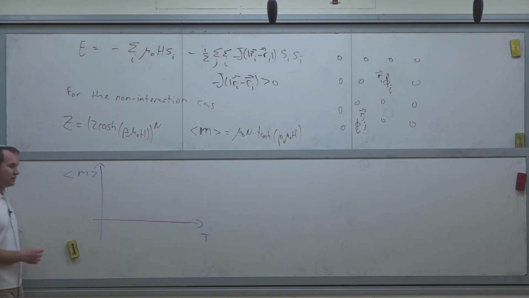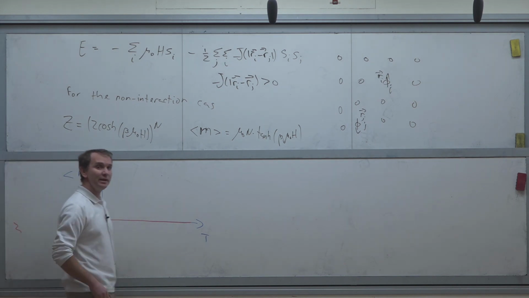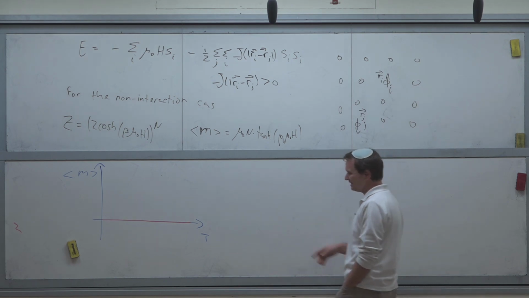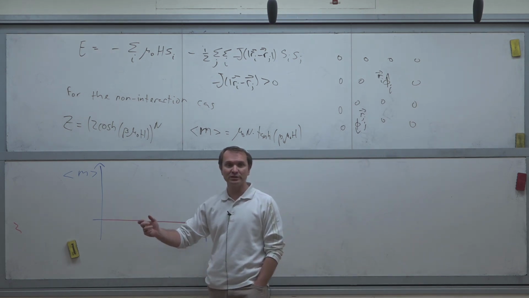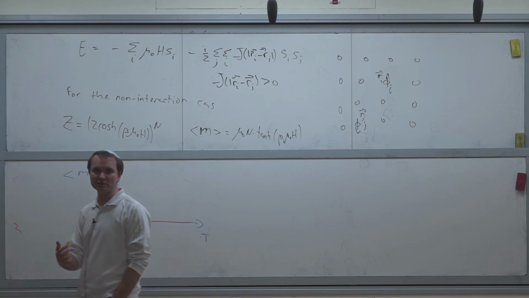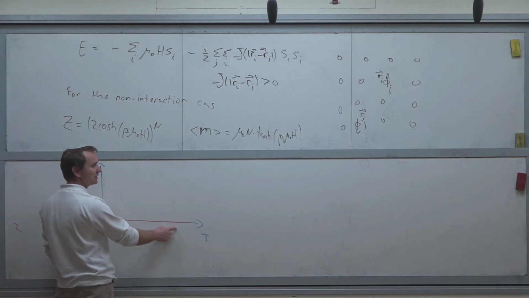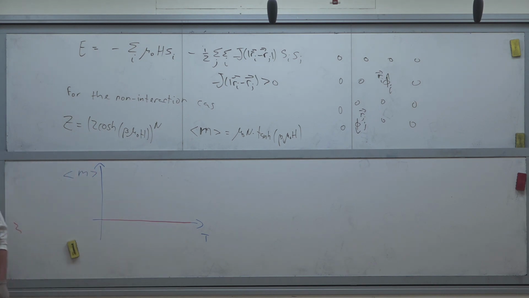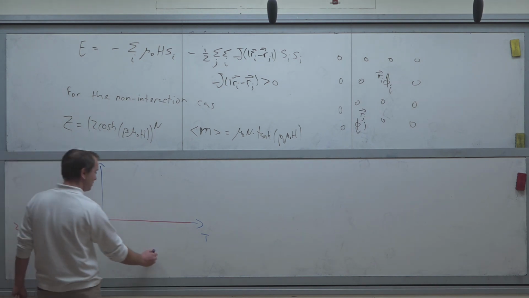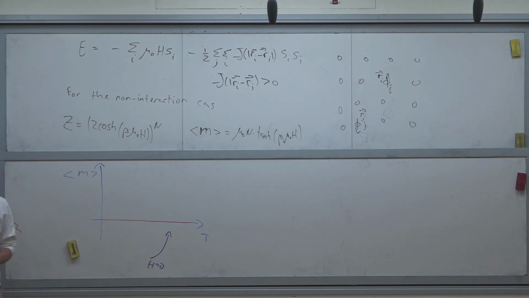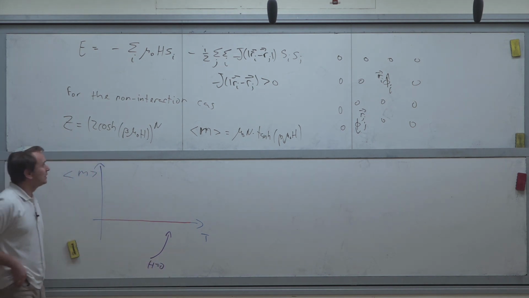So it is definitely not the behavior that was observed in experiment, where we expect the existence of a critical or Curie temperature below which the system goes from paramagnetic behavior, which is what this is, for H equals 0, to ferromagnetic behavior. There is no transition, right?